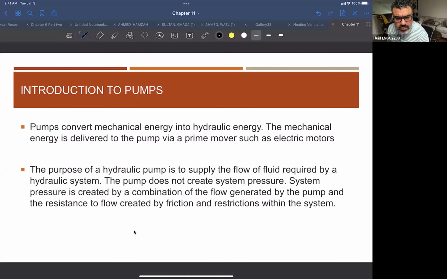So the purpose of a hydraulic pump is to supply the fluid flow required by the hydraulic system. And as I mentioned, it is very important to understand those principles. One of the very tricky things to understand is that pressure is not generated by the pump. Pressure is generated by the resistance, okay? So imagine if you are standing in front of one of your friends and trying to push your friend in a certain direction.